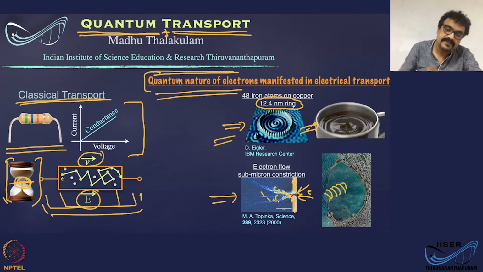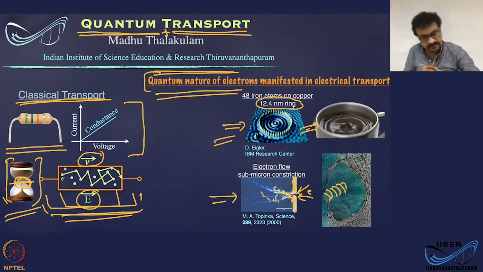So what we are seeing here is very much different from the picture you have for the transport of electrons through a resistor, which is just a particle picture, similar to sand grains moving through an hourglass.